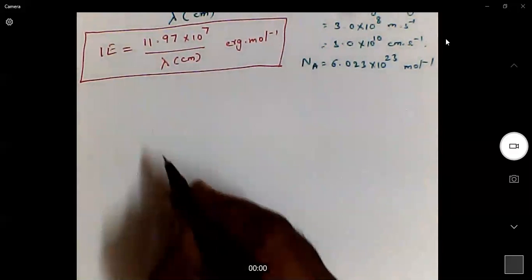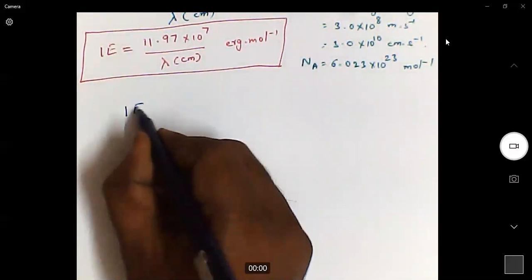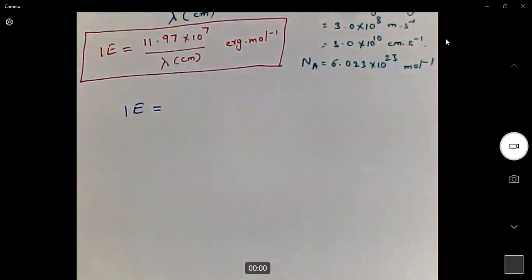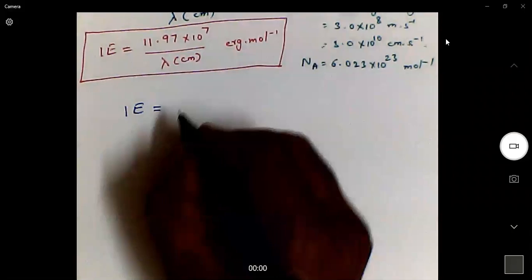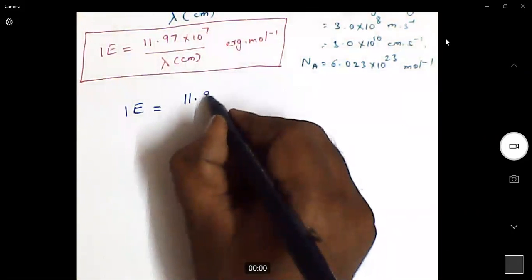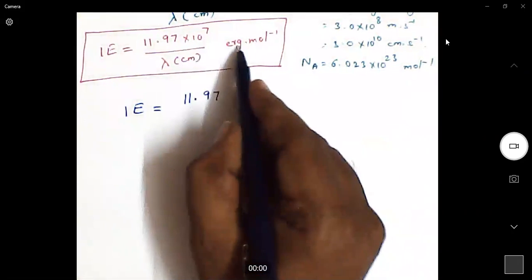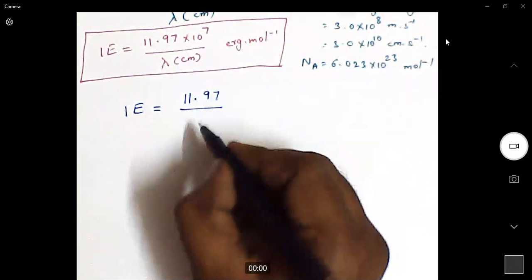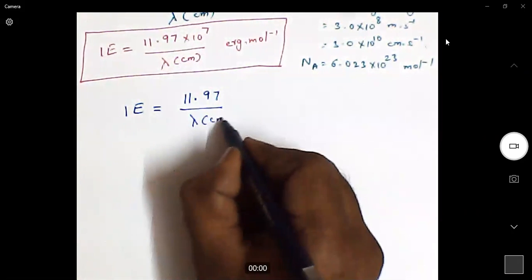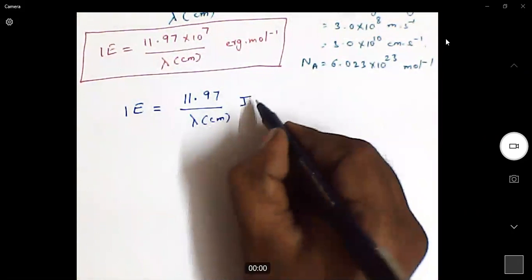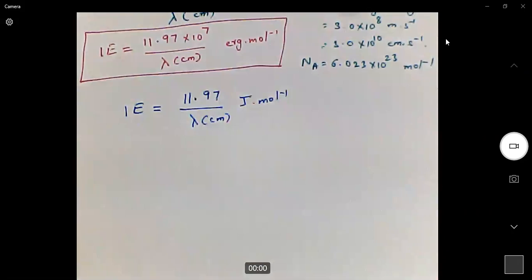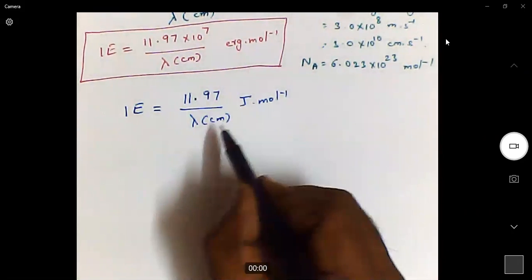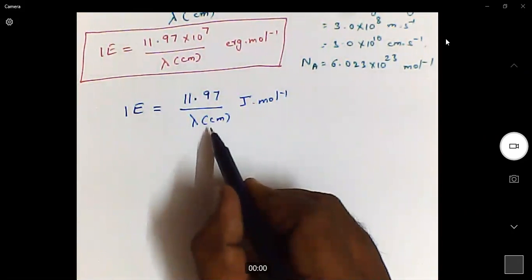Now, if we want to convert this into joules, what is the formula? We know 1 joule is equal to 10 power 7 ergs. So it becomes joules per mole. Don't get confused. Joule is an MKS unit, but still lambda is in centimeters.